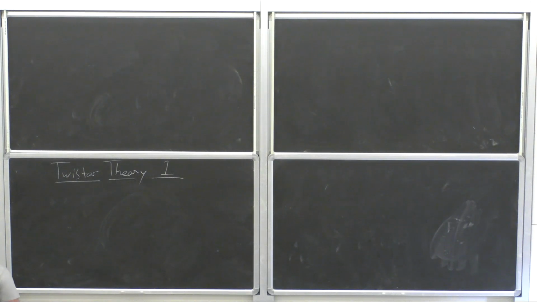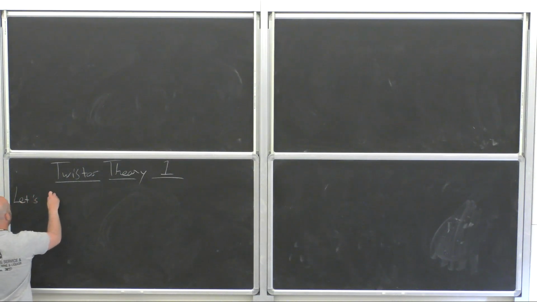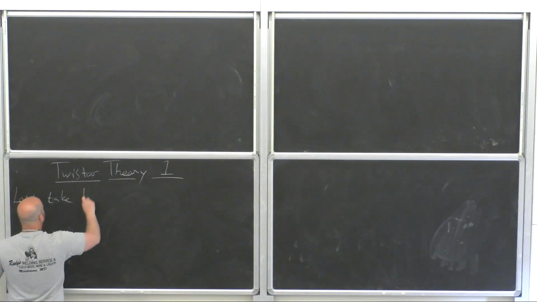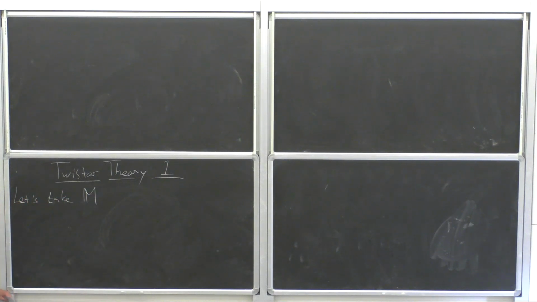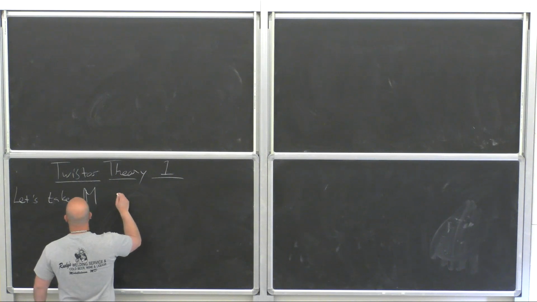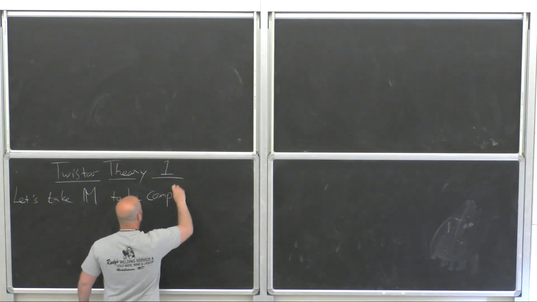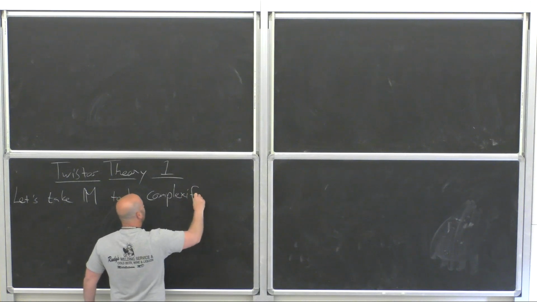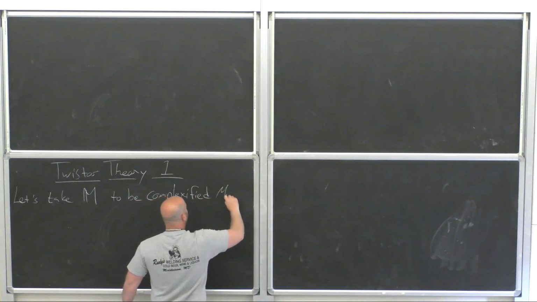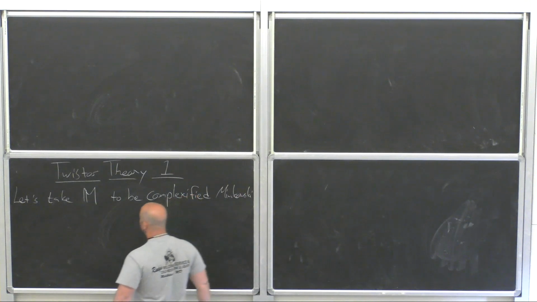Okay, so let's just remind ourselves a little bit of the setting we're going to be playing in. So let's take blackboard bold M. This is going to be what I call complexified Minkowski space.